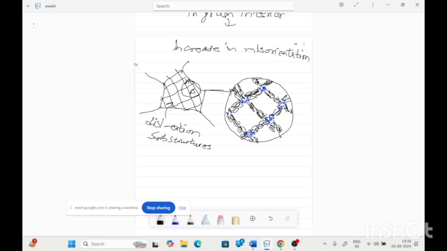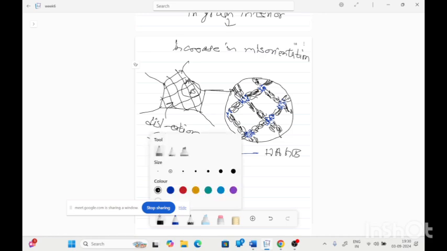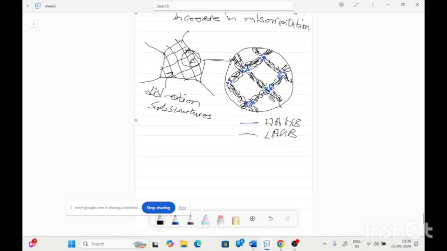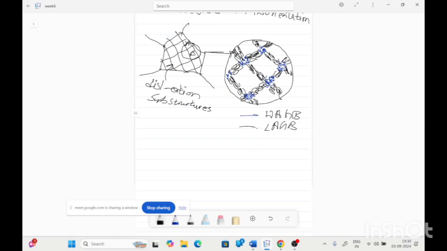The blue region is formed because of the high angle grain boundary, and the black region is the low angle grain boundaries. The combination of high angle and low angle grain boundaries resulted in fine recrystallized grains.